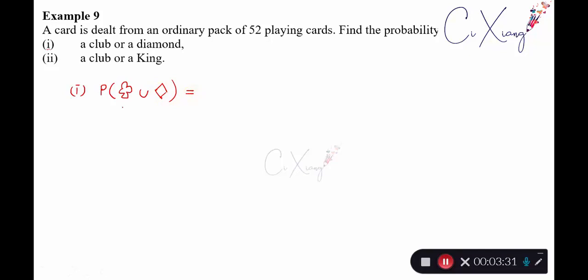They want you to find this probability. If you are not so sure whether you can use the formula that I showed you just now or not, then you always start with the addition rule. According to the addition rule, you have the probability of club plus the probability of diamond, then minus club intersect diamond.